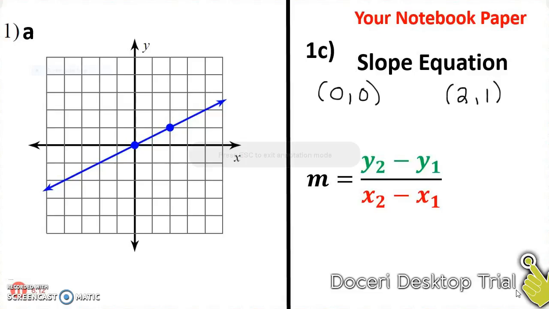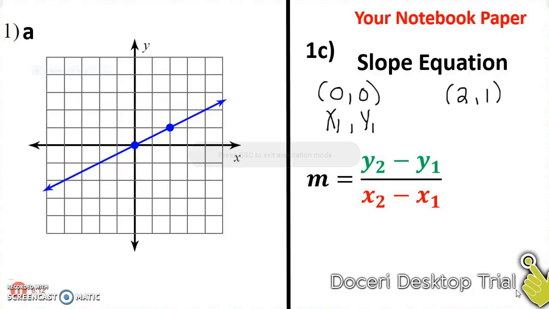So let me tell you, it's common sense. If you look at the first ordered pair 0, 0, 0 is the x coordinate of that first ordered pair. So x sub 1 is 0. And 0 is the y coordinate of that first ordered pair. So y sub 1 is 0.